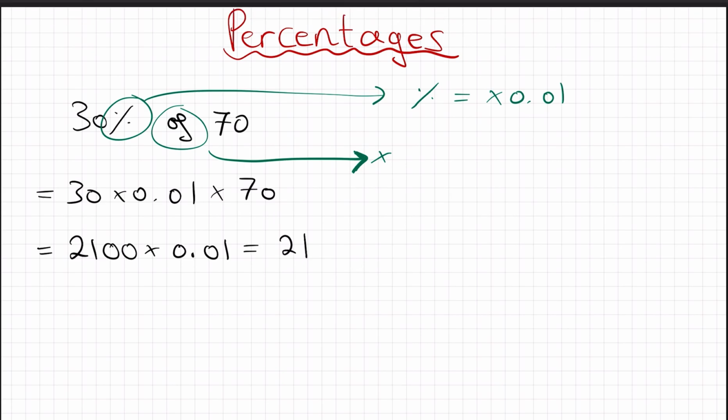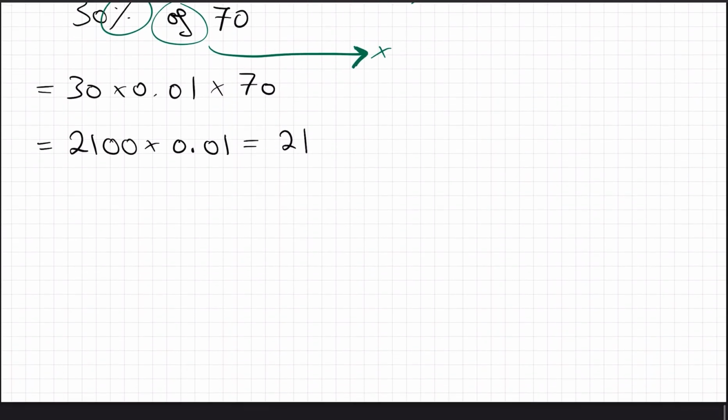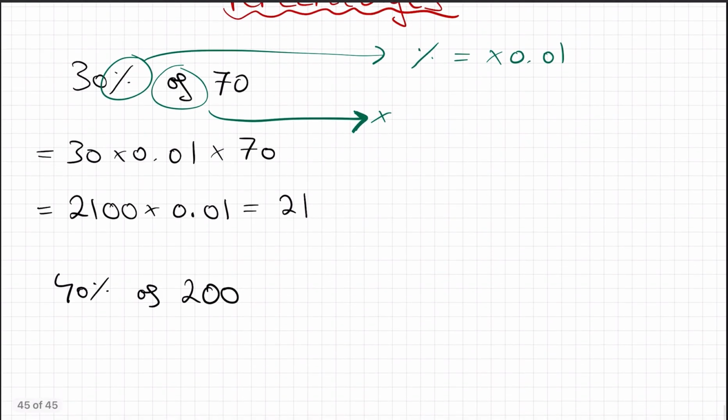Now you can see how easy that was if you just use the trick of replacing percentage and of with times 0.01 and just times in general. So I'll show you guys how to use this for a slightly more simple example. Let's say we want to find 40% of 200. So let's use our trick from above.